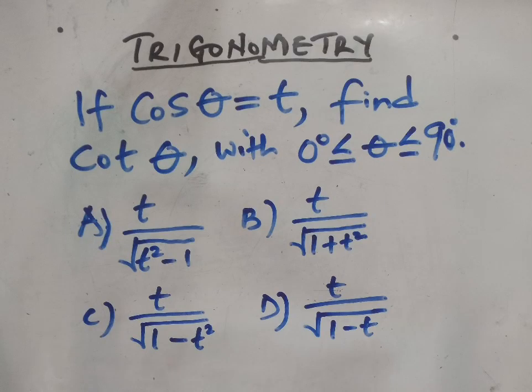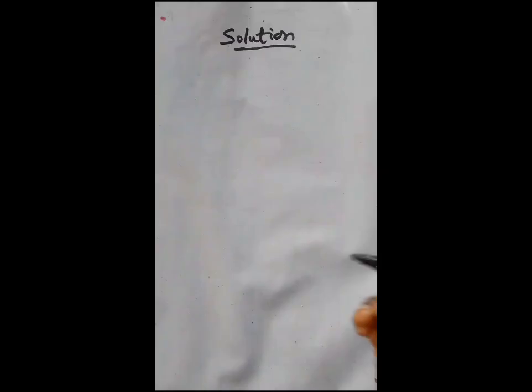Take note. Now from the question, cos theta is equal to t. We are asked to find cot theta. Cotangent theta is 1 over tan theta. You should know that.